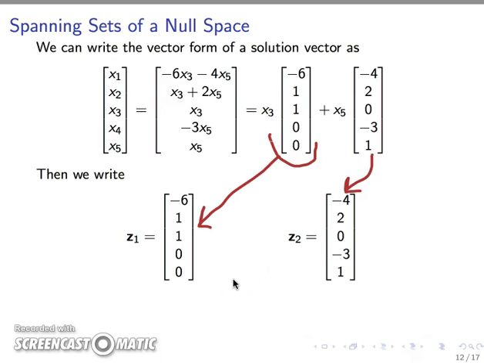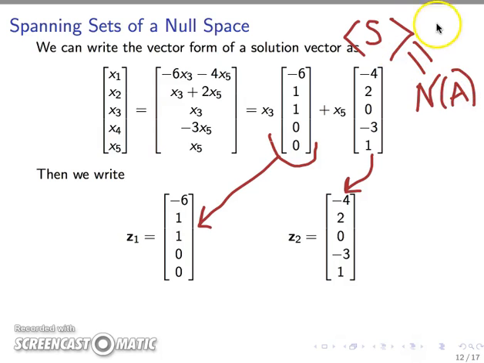Remember, we're trying to make a connection. Can we find a set S such that the span of that set is exactly equal to the null space of the matrix A? We're trying to find such a set for which this equality, as a set equality, is true.